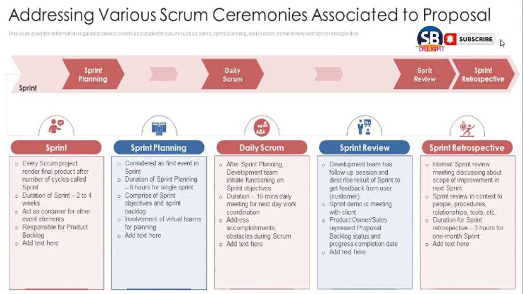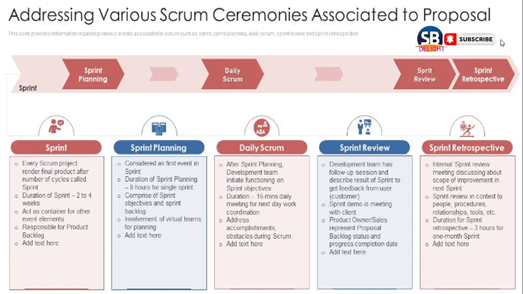The duration will be 2 to 4 weeks; every sprint will take a minimum of 2 to 4 weeks. It acts as a container for other event elements. Fourth one, responsible for product backlog. What we need to add, they will add in the sprint.